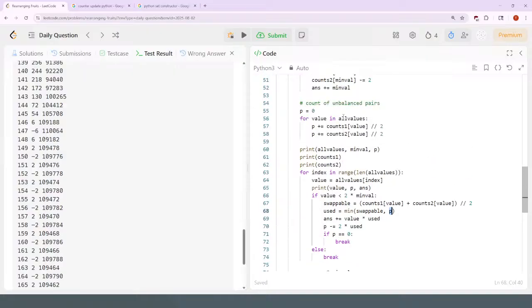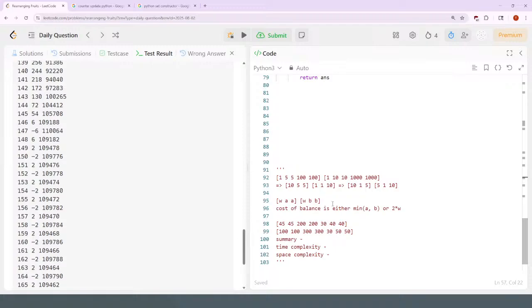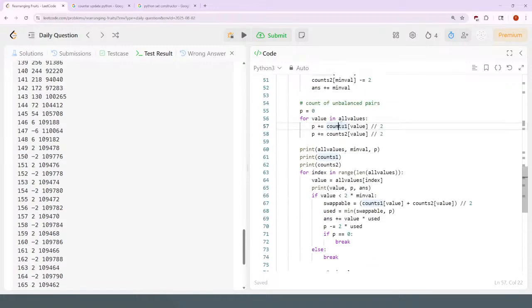I think so. There's one unbalanced pair there, another unbalanced pair there. One unbalanced pair, another unbalanced pair. So use should be maybe swappable counts for 2 times number of pairs.